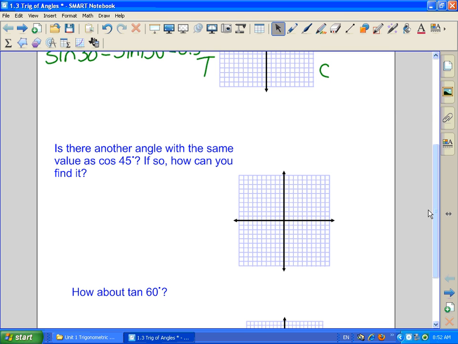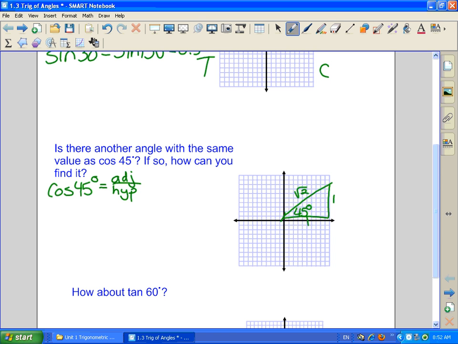First of all, 45 degrees is in quadrant 1. And again, that's our special triangle, which is 1, 1, root 2. So the cos of 45 degrees is your adjacent side over your hypotenuse.